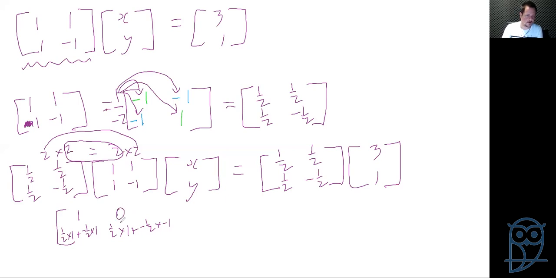It gives me 0. This one over here, a half minus a half also gives me 0. And this one is a half minus times a minus makes a plus. So a half plus a half gives me 1 as well.